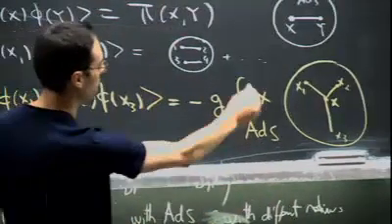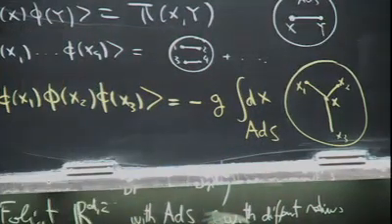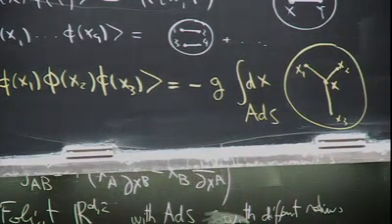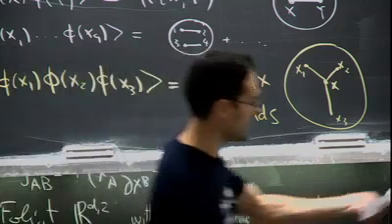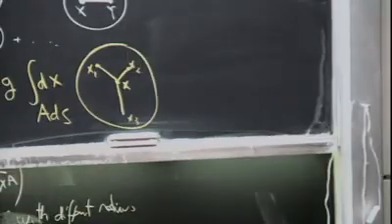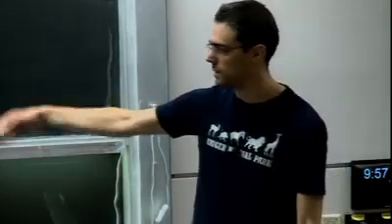So each one of these lines is the propagator, and you have 3 propagators integrated. Okay? And this is exactly like in flat space. The only difference is that you're using a propagator which is different from the Feynman propagator in flat space, and you're integrating over AdS instead of integrating over flat space. So it's exactly the same type of Feynman rule.